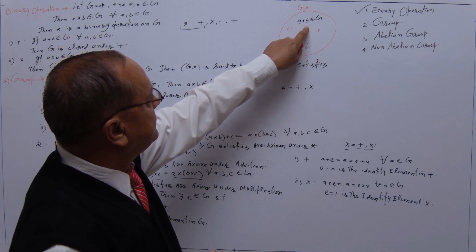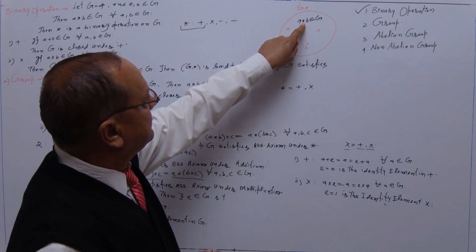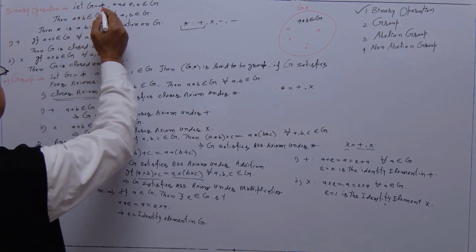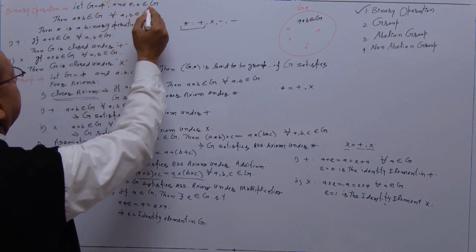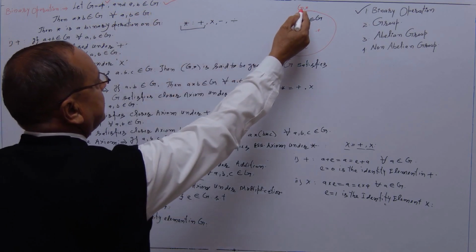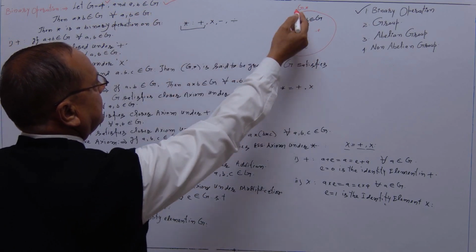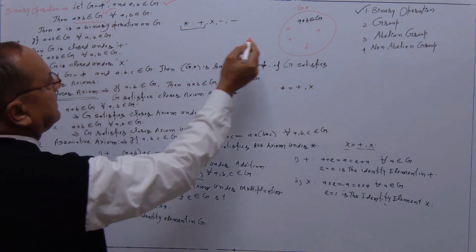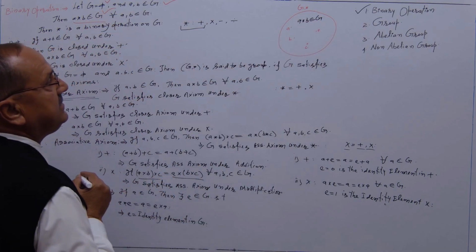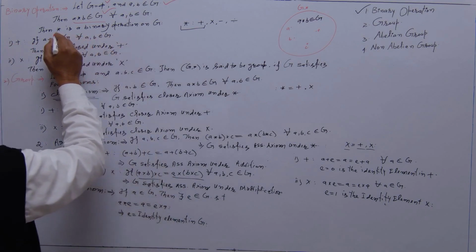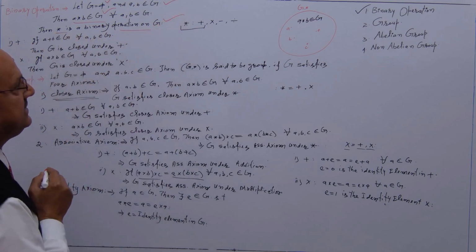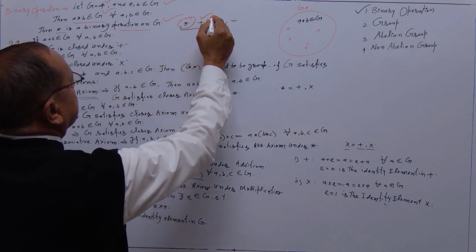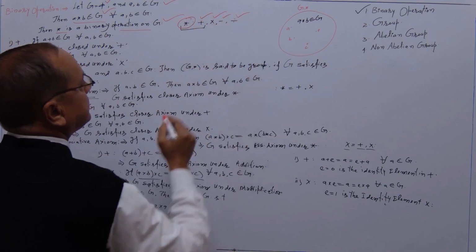When this A star B is also an element of G, then star is a binary operation on G. ठीक, let G be a non-empty set and A B C are the elements of this set G, then A star B must belong to G. A star B जो है वो भी इसका एलिमेंट बनता है, then star is a binary operation on G. ठीक, and this binary operation star may be addition, multiplication, subtraction as well as division.